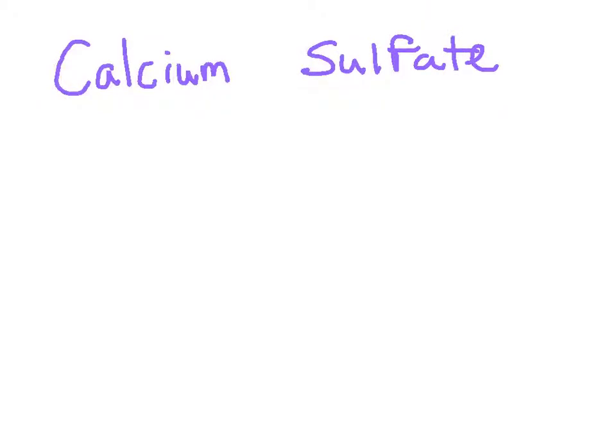Hi everyone. Once again, we're going to continue on with our ionic compounds. This time, unlike the previous examples, our negative ion, our anion, is not something you can find on the periodic table. Instead, it's what we call a polyatomic ion, meaning it's a group of atoms that have a charge. So let's remember what those polyatomic ions were.